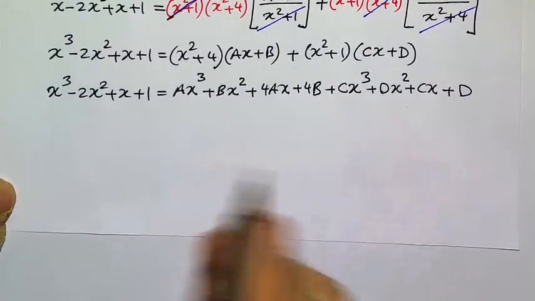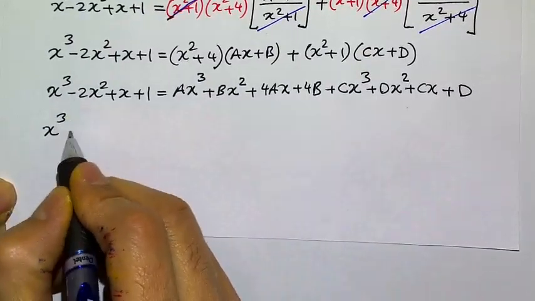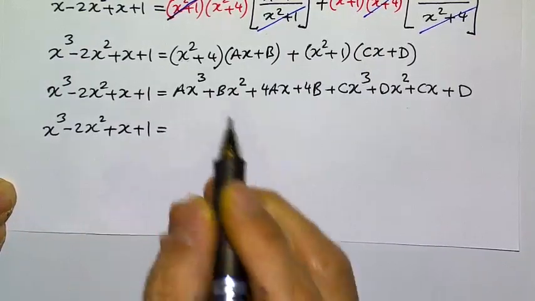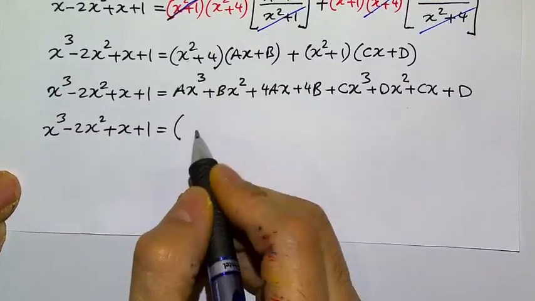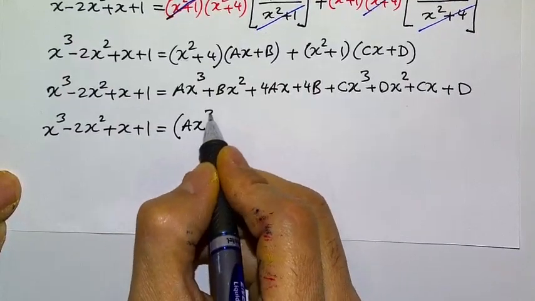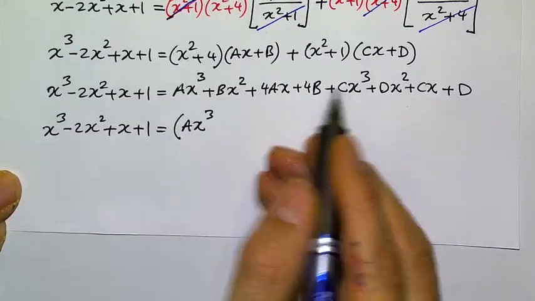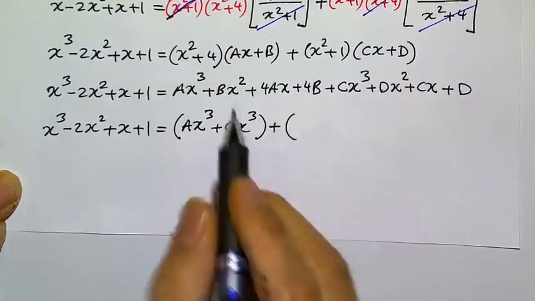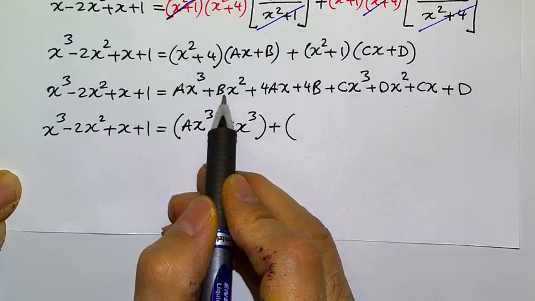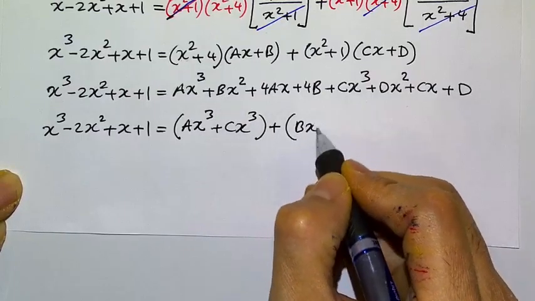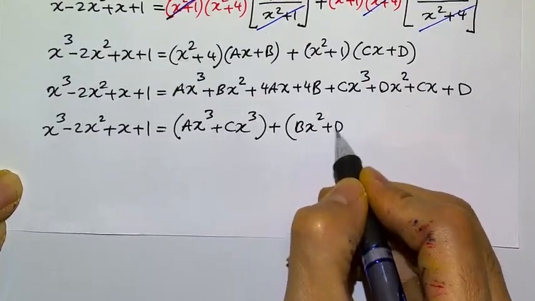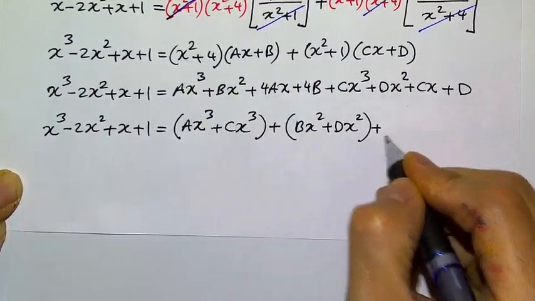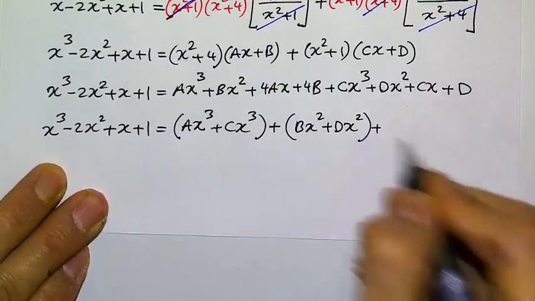So let's do that. So we have on the left, things are good. So now I'm going to use parentheses to group these. Ax cubed plus cx cubed, right? Plus, now the x squared terms, bx squared plus dx squared, right? Now the x terms, plus, looks like I'm going to run out of room.